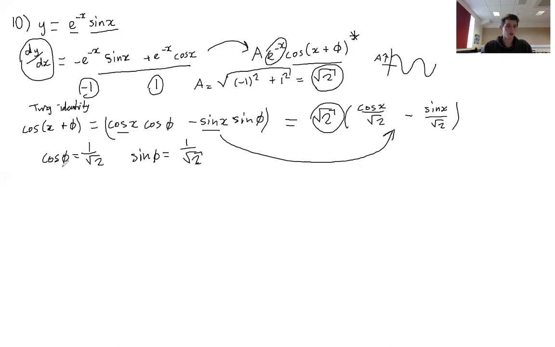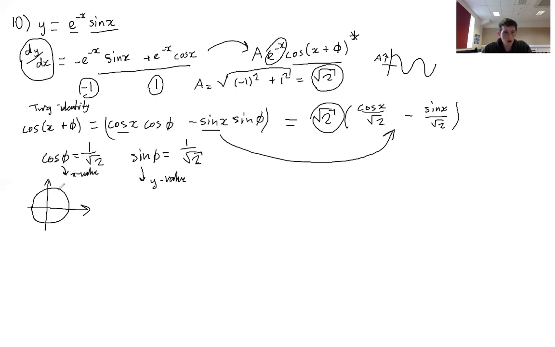Now we've got what cosine of phi and sine of phi are going to be, and to work out what phi is exactly, we can plot this using a unit circle, essentially. So we have a circle like this. Sine of phi is going to be our y value, and cosine is going to be our x value.